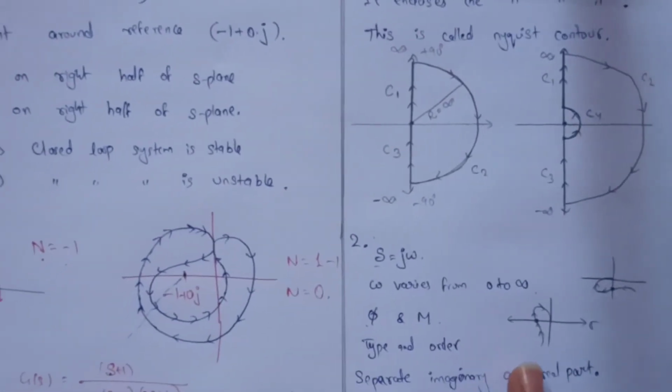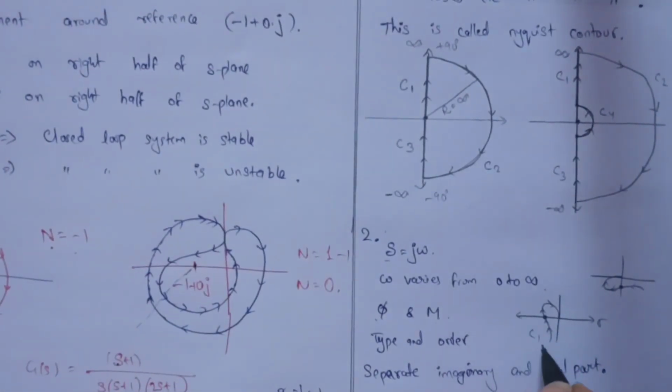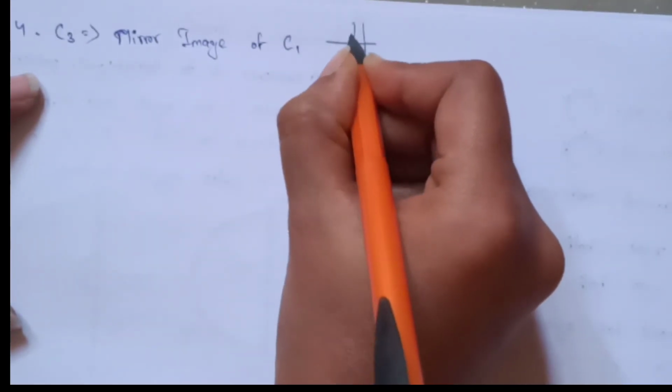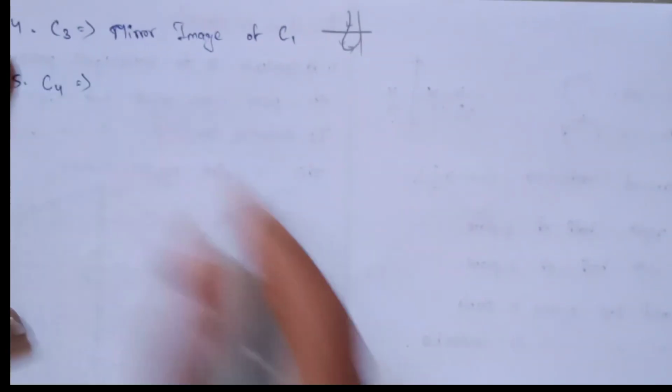So let's say this is C1. So we will get C3 like this, okay? Now for C4, which is not in the case when the pole is not equal to 0, but when the pole is equal to 0.